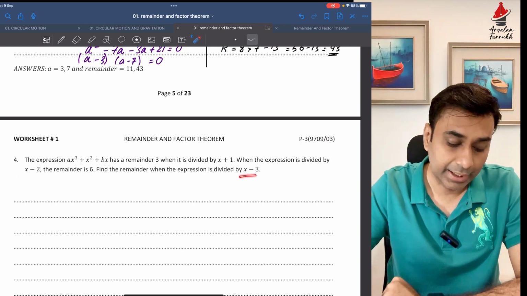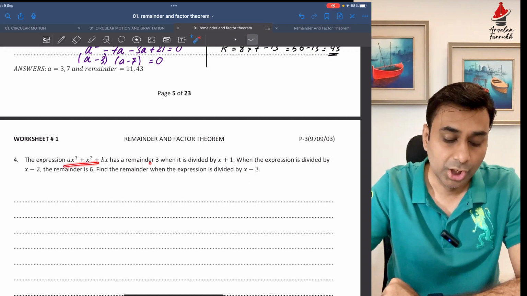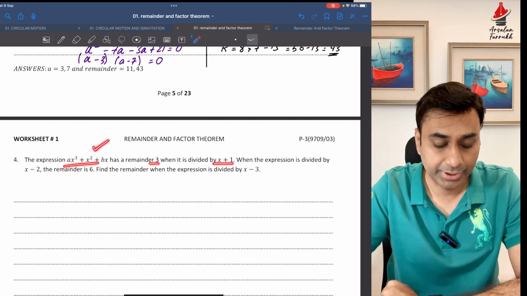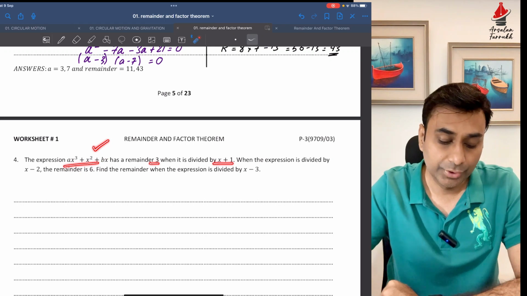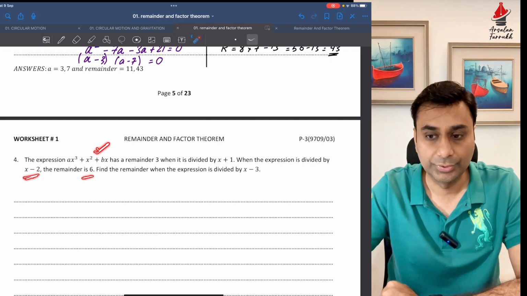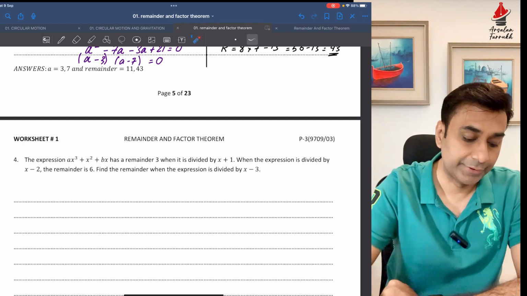So you have to understand that once you use the fact that the remainder is 3 when divided by x plus 1, you will get one equation using a and b. Then when you use the other fact, that when divided by x minus 2 the remainder is 6, so when you put x as 2 and equate it to 6, you will get another equation. So you will get two equations, and then the two simultaneous equations could be solved together to get the values of a and b.